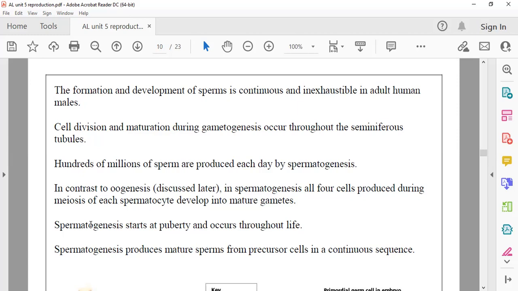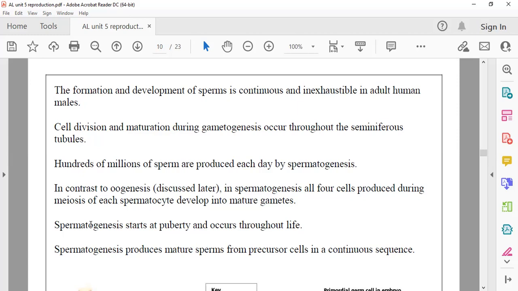Right. Next statement. Hundreds of millions of sperms are produced each day by spermatogenesis. Understandable, correct? Yes, sir.